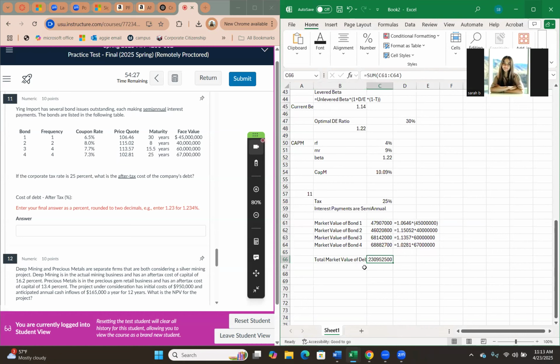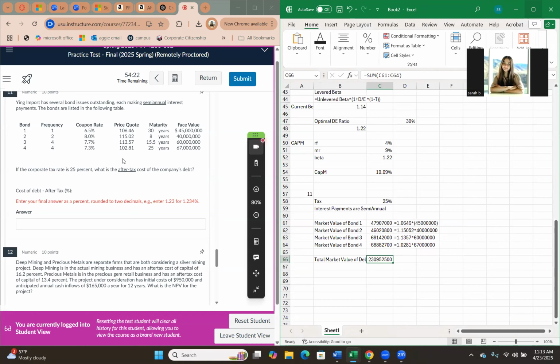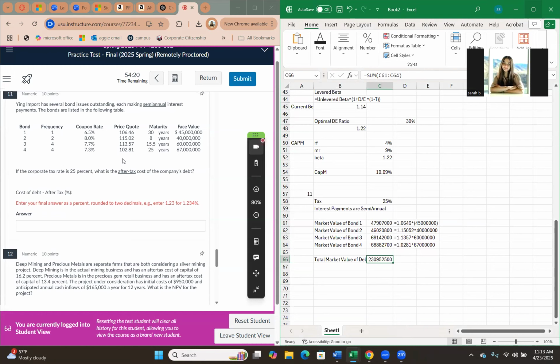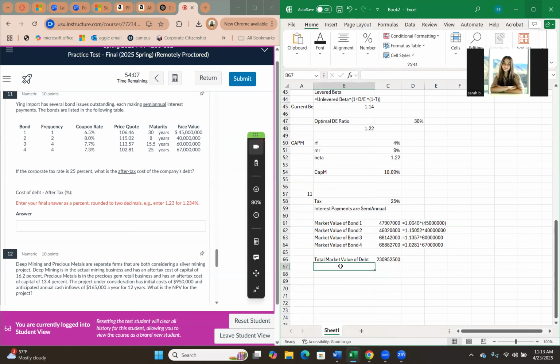Okay, sweet. Now we've got the weight issue of each of these debts. We want to figure out the weight of these debts, which means we're just going to take the market value divided by the total market value. Does that make sense? So weight of bond 1, I'm going to take bond 1 market value divided by total market value.